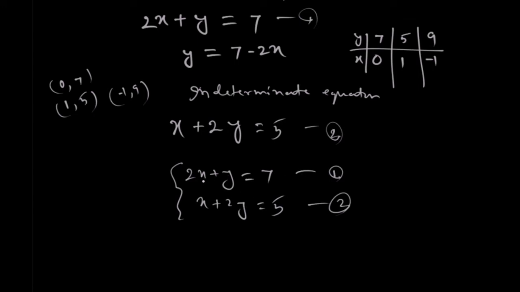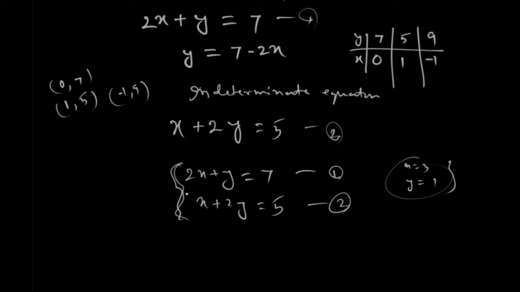You can see that if x is equal to 3 and y is equal to 1, then 6 plus 1 is equal to 7, and x plus 2y is 3 plus 2, that is equal to 5.